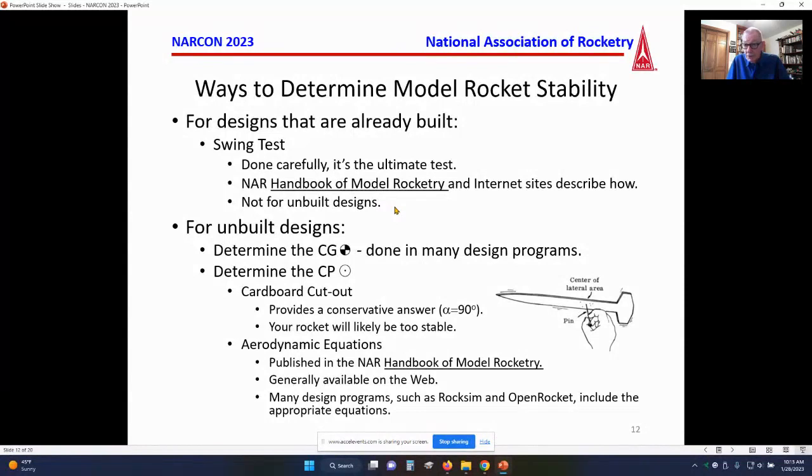So for unbuilt designs, you have to do two things to make sure it's stable. First of all, determine the center of gravity of your design.